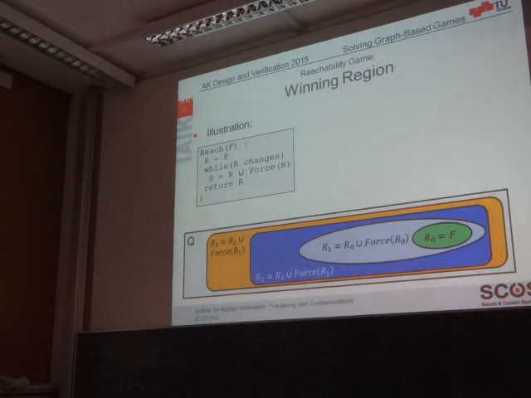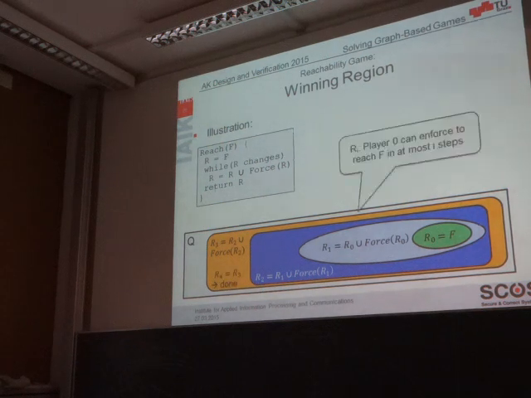So this is how we compute our winning region. So intuitively, Ri are the set of OR states from which we can reach F in at most i steps. So from R0 we can reach F in 0 steps, from R1 we can reach F in 1 step, from R2 we can reach F in 2 steps, and so on.